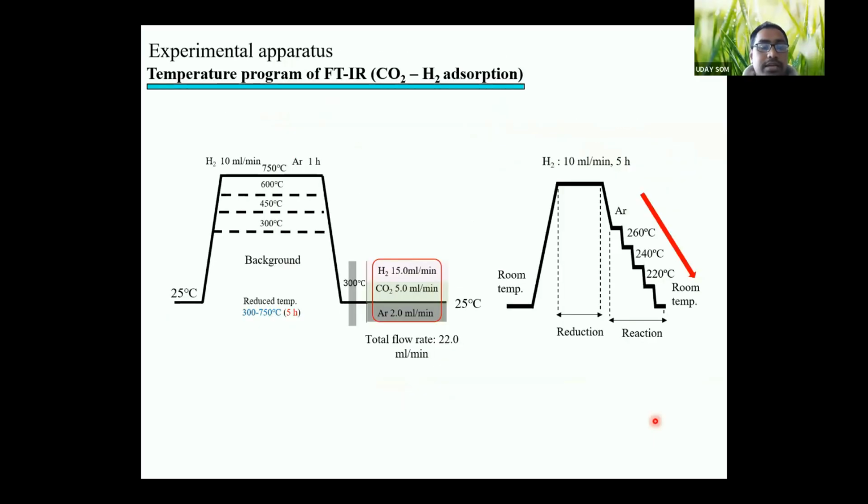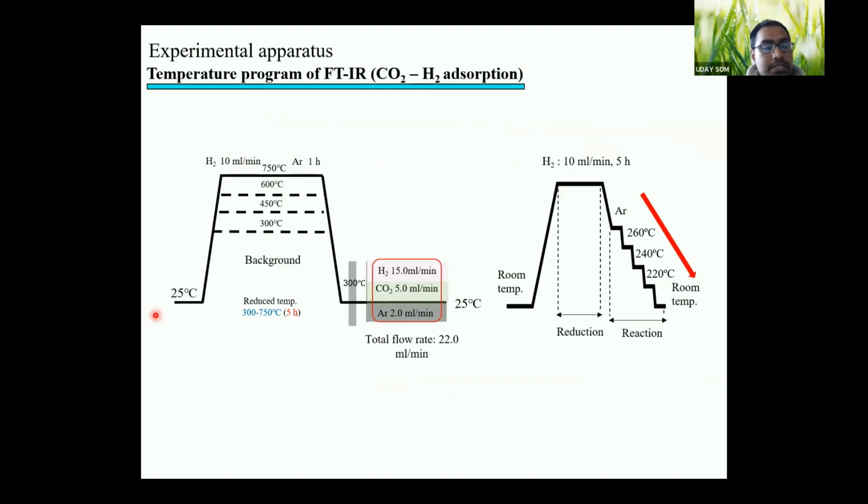In the slides, I describe the carbon dioxide hydrogenation over the copper-based catalyst. Firstly, the catalyst was reduced at different temperatures from 300 to 750 degrees centigrade in a flow of hydrogen at 10 milliliters per minute, with argon as the carrier gas.